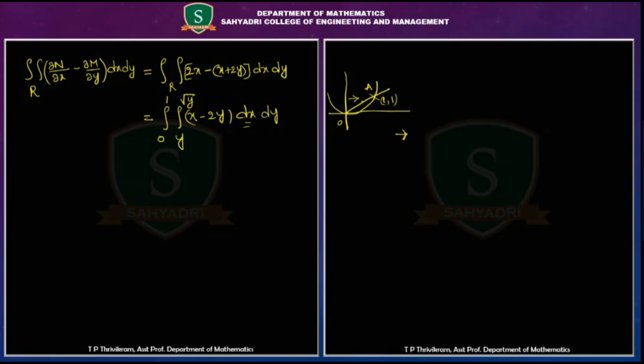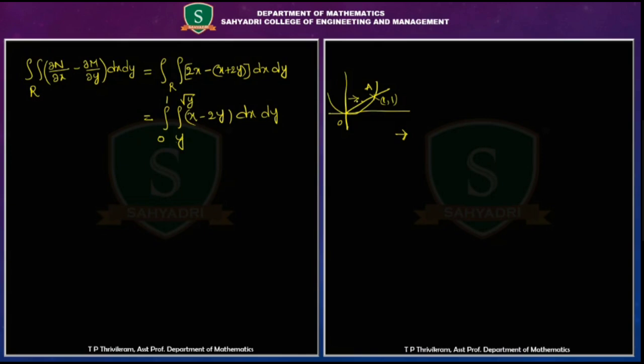Suppose you are writing dy dx, then you will write y in terms of x. So limits will be y in terms of x. Since here dx is there, you will write x in terms of y. Down it must be root y, no, sir? Why is it y to root y?